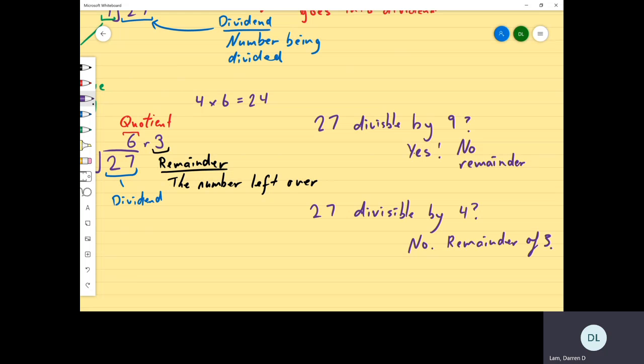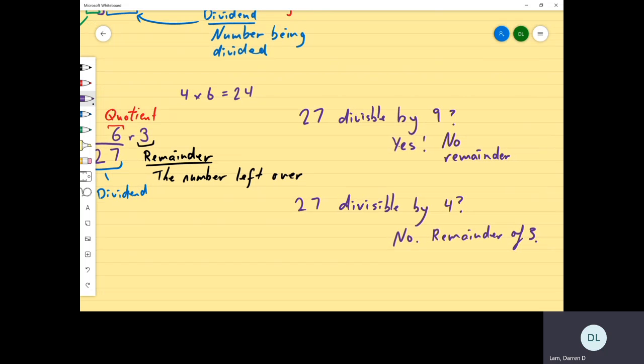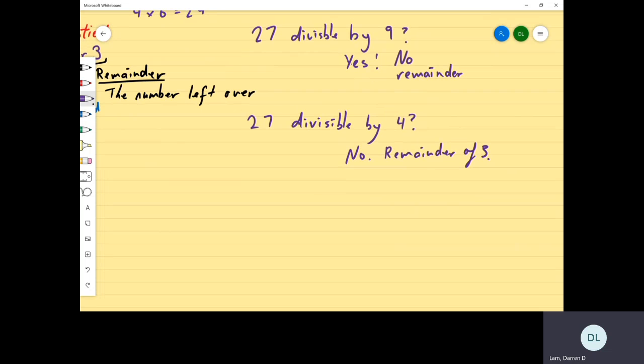So if there's no remainder, it actually becomes a factor. So because 27 divided by 9 gives you a whole number, 3, with no remainder, that means that 9 is a factor of 27. So I'll just write it underneath.